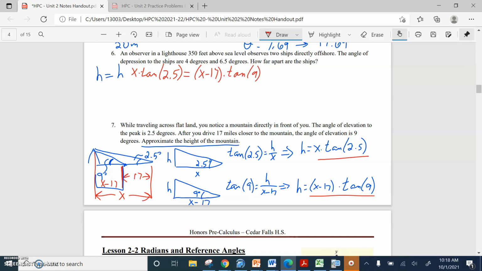Because if h equals h, then those two equations are equal, and we're going to move on. We now have one equation, one unknown. All we have is x's in our equation, so let's solve for x.